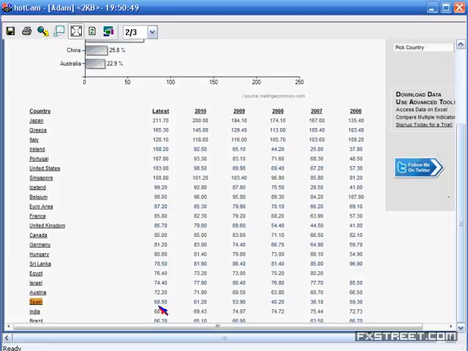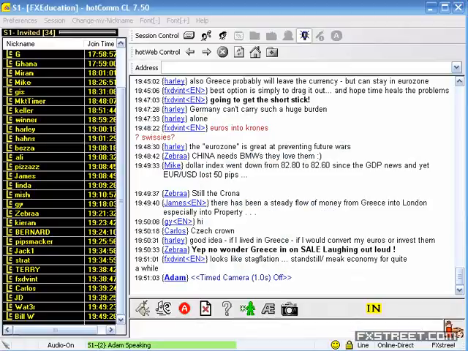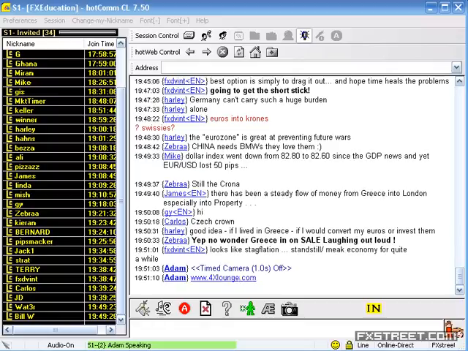Ultimately, we're trying to answer the question, what is the Federal Reserve most likely to do? What is the European Central Bank most likely to do? And from that, we can anticipate which way the currency is most likely to go, and then we can design a trade idea, whether it's a short-term day trade or a long-term swing trade or position trade. We can design our trade to always be on the same side as the strength of the fundamentals.